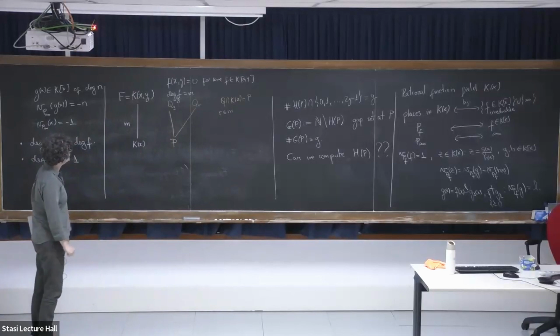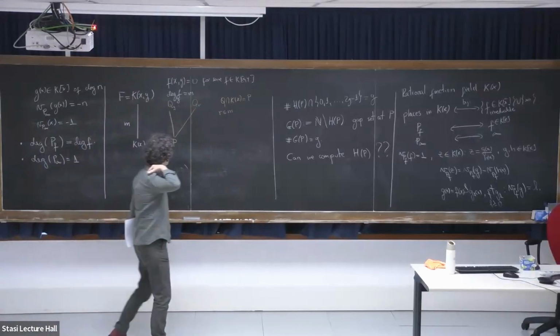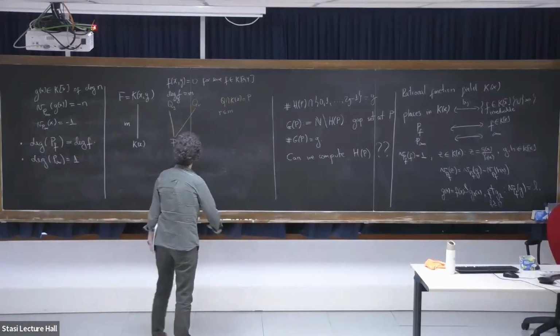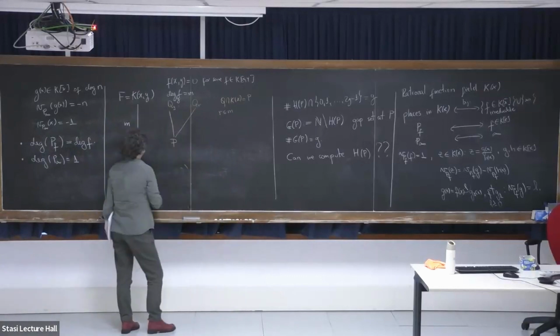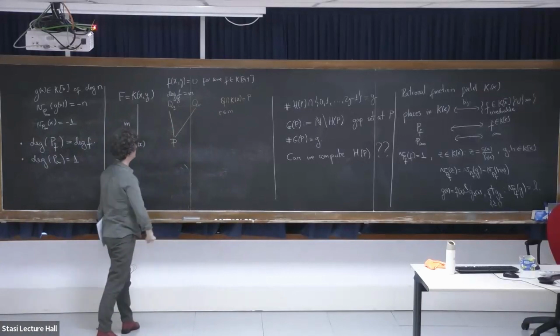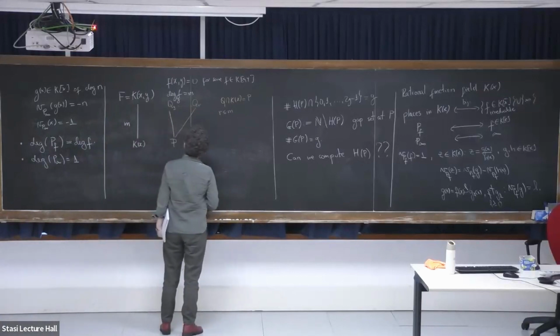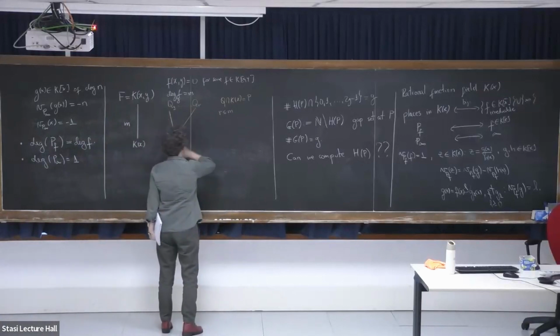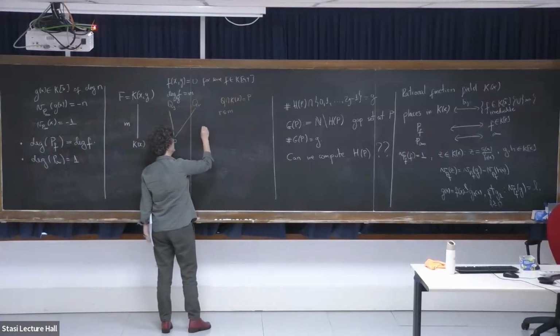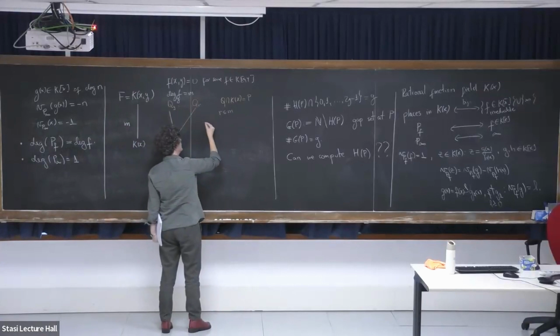And now we have 3 important guys associated to this place. We say that this place Qi is over the place P. This is our notation. And we have what we call the ramification index associated to these places. So what is the ramification index?